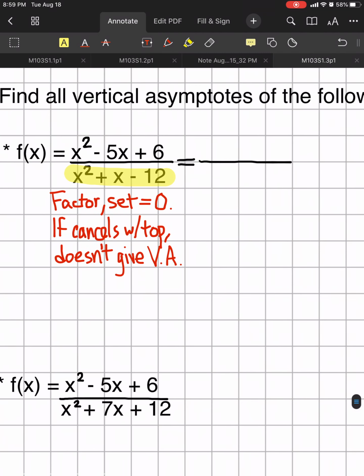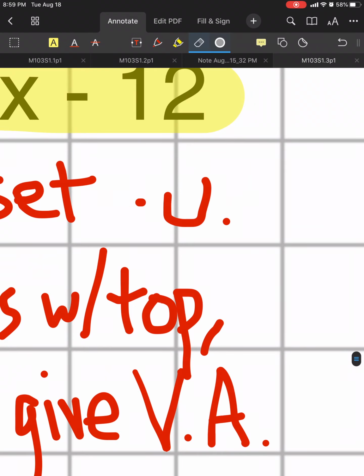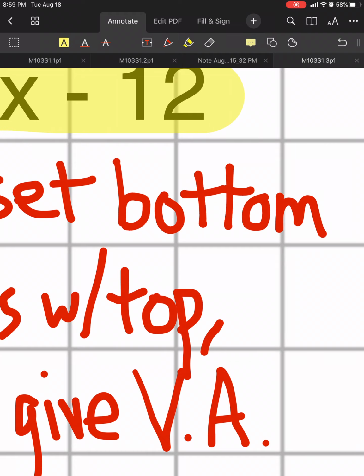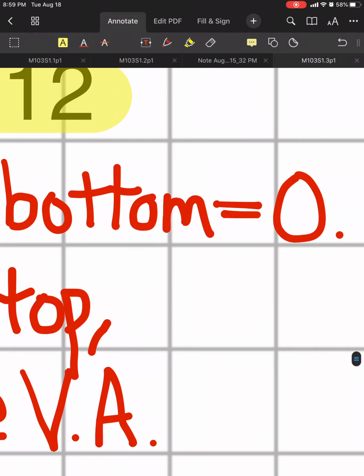In other words, factor it, figure out where you have vertical asymptotes and where you don't. Let me fix that too, because I highlighted it, but just so you can see when you look at the PDF later, set the bottom equal to 0.